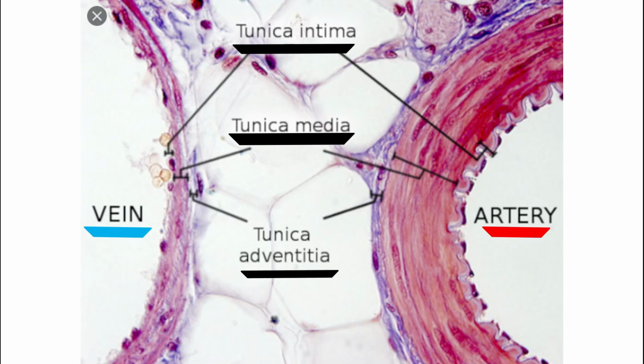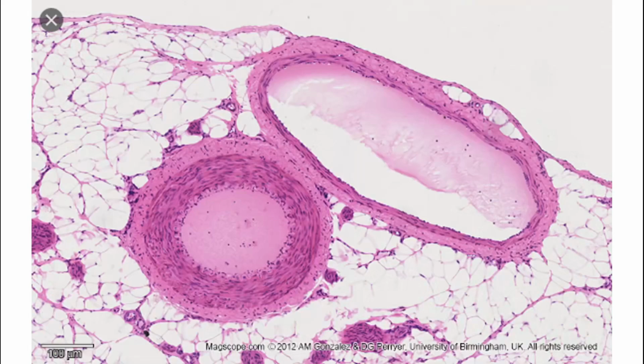And tunica adventitia is thin in arteries, but it is the thickest in the veins, because the veins want to dilate, and when they dilate, they need a very specific connection to the surrounding structures provided by the tunica adventitia.